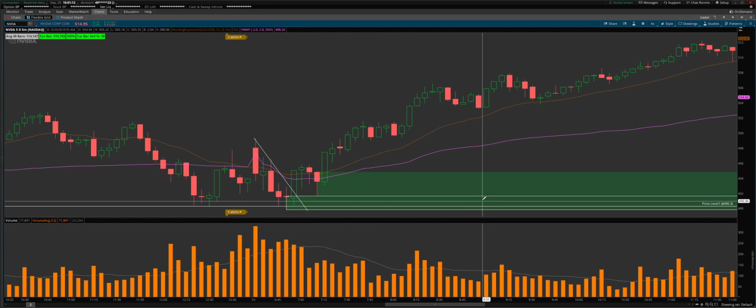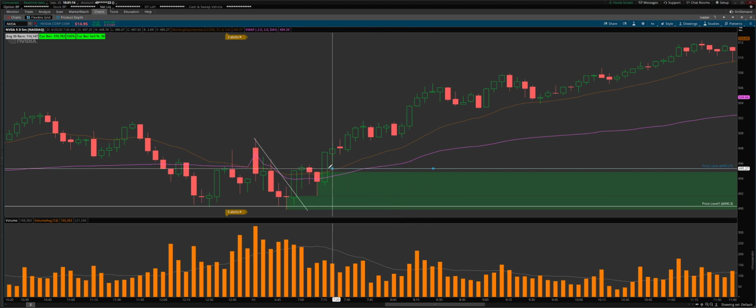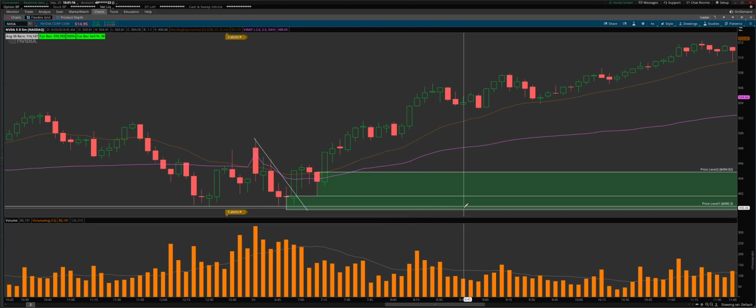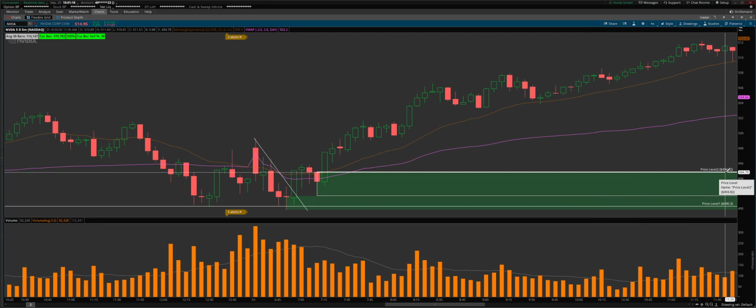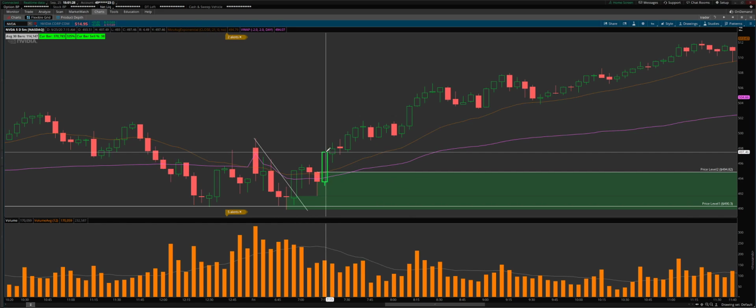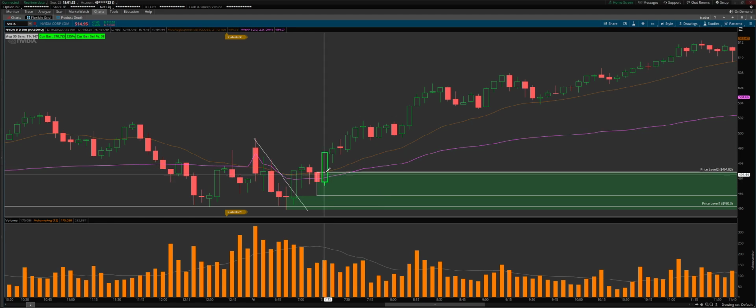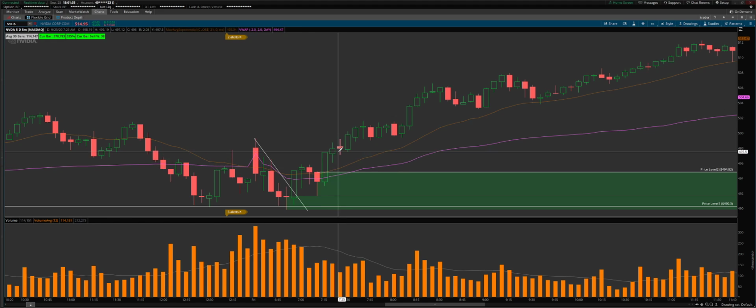The open was at 494.82. So once 494.82 cracks, you want to try to get your entry as quick as possible, because the more you wait, the more your risk to reward is skewed, because the later you enter, the higher it is.